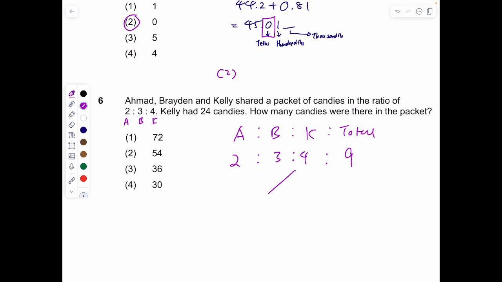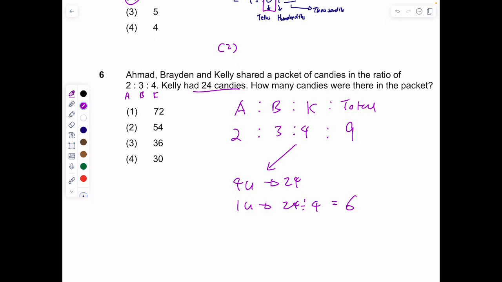So I know that 4u is actually 24. 1u would be 24 divided by 4, and my answer would be 6. Because Kelly had 24 candies and Kelly is 4 units. So the total number of units is 9. Therefore 9u would be 6 times 9, and my answer in this case would be 54.